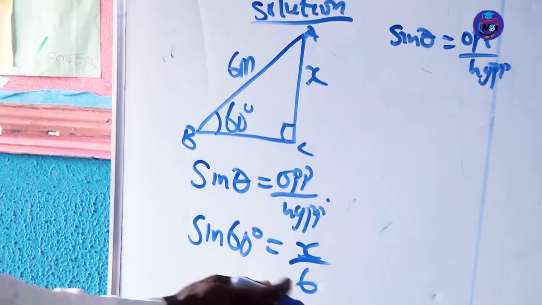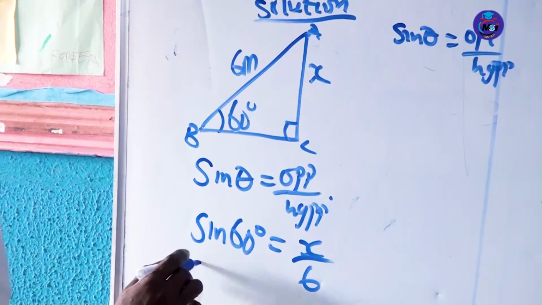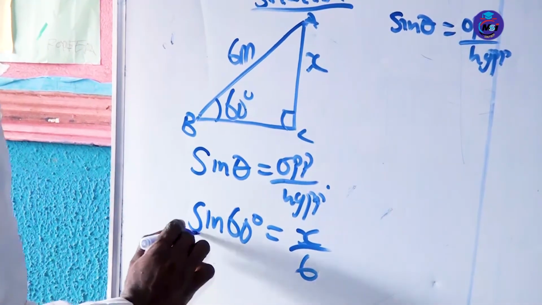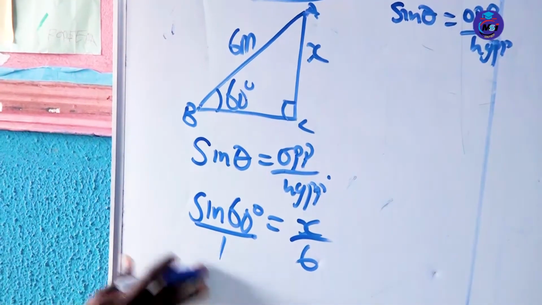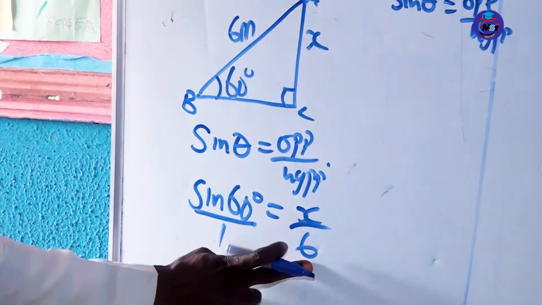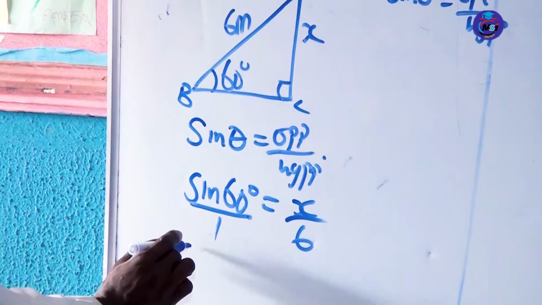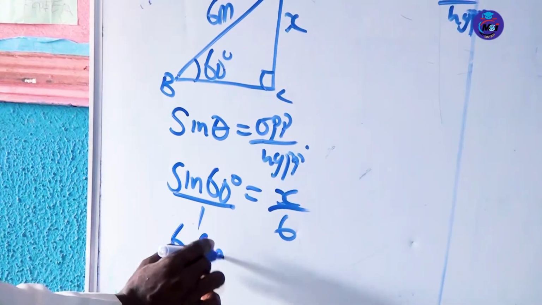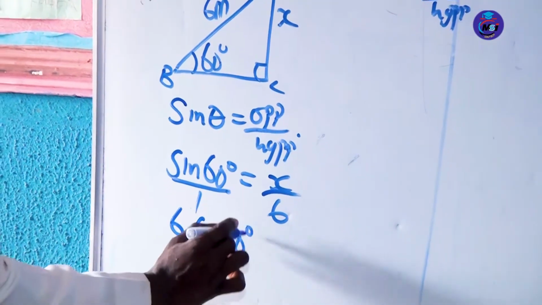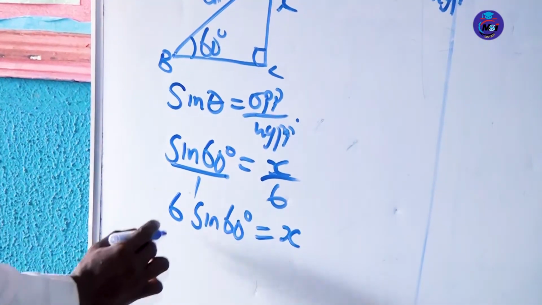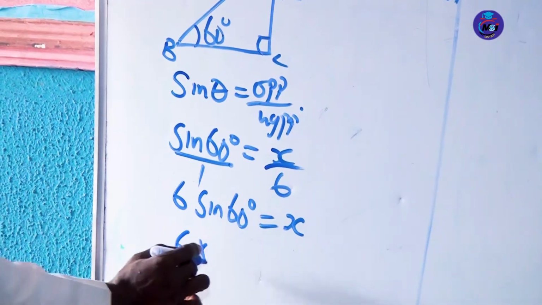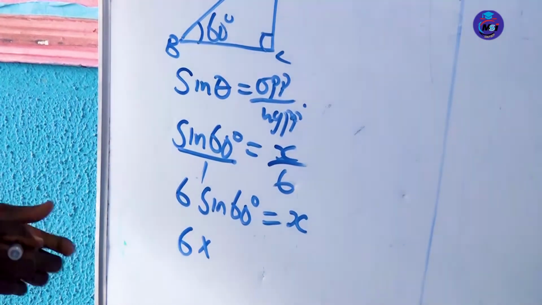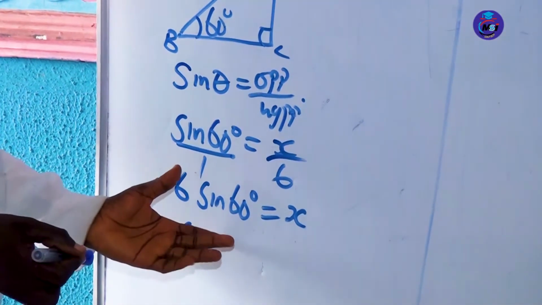Sine 60 over 6, divide this by 1. Then you cross multiply. This 6, we multiply by sine 60. We have 6 sine 60 equals x. So this will give us 6 times, now you need to find sine of 60.